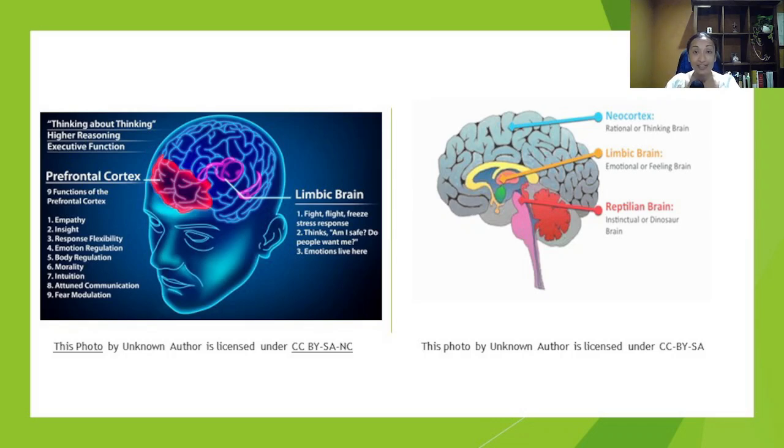The same works if you are thinking happy thoughts. The emotional or the limbic brain gets activated to feel happy thoughts. And then these send chemicals back and forth to the thinking brain and the feeling brain, generating positive thoughts, which then feed positive feelings.